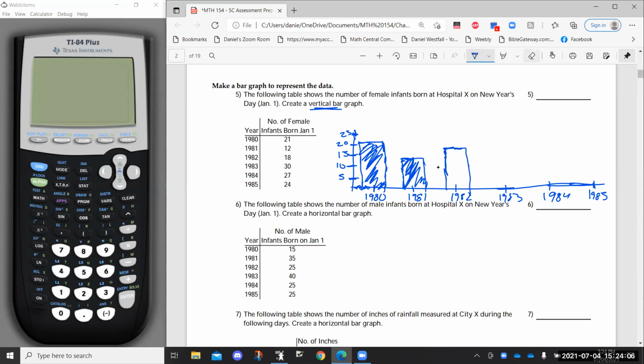I think I went up a little too far there. 18 roughly here. And again, you're not going to be asked to draw these. You're going to be asked to recognize which one is drawn correctly. It's going to be multiple choice for you. 30, I didn't even think we were going to get up to 30. 30 is way up here.